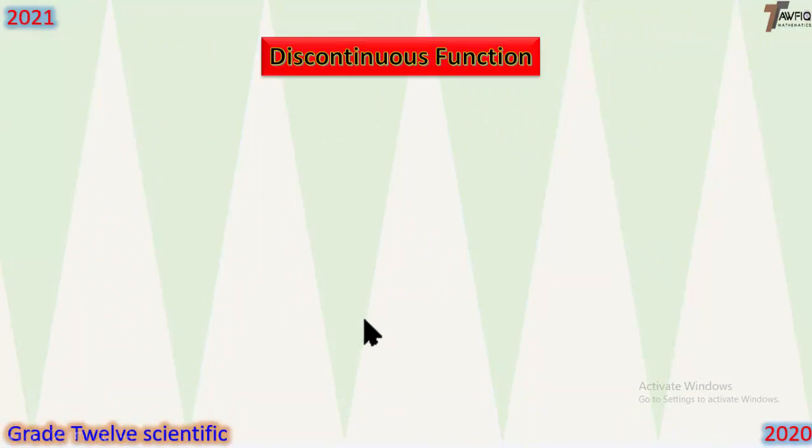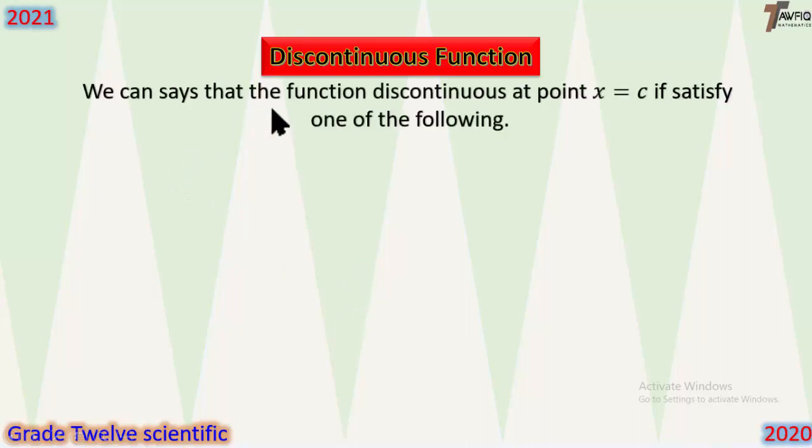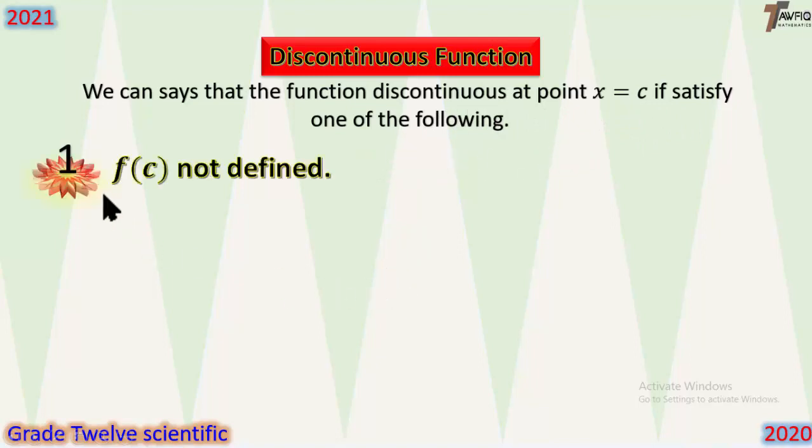And now, from what we took before, we can say that the function is discontinuous at point x equal to c if it satisfies one of the following. First, if the function is not defined at x equal to c, or f(c) is not defined, then the function is discontinuous.